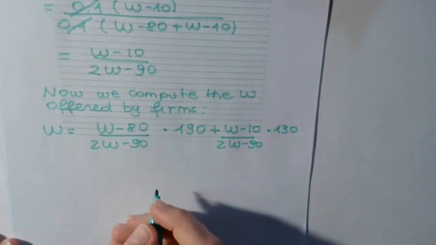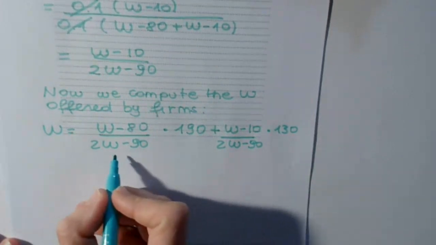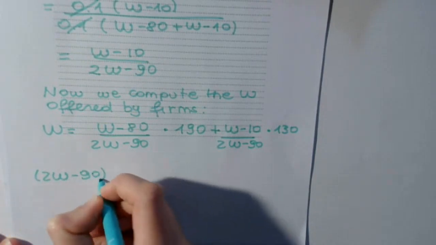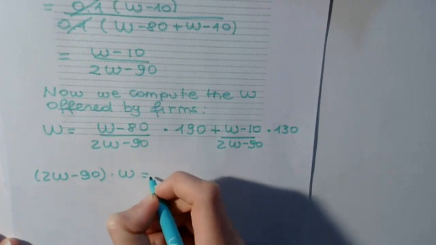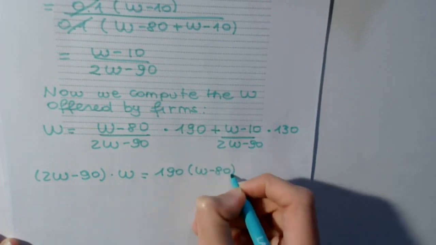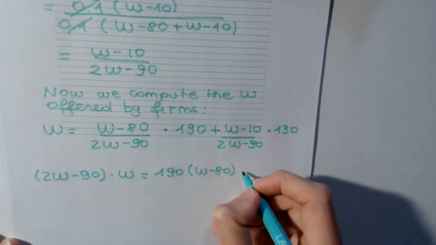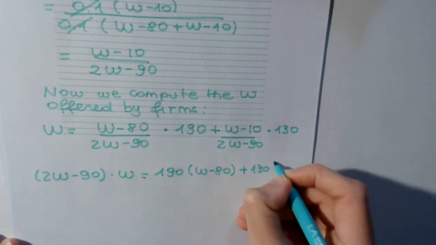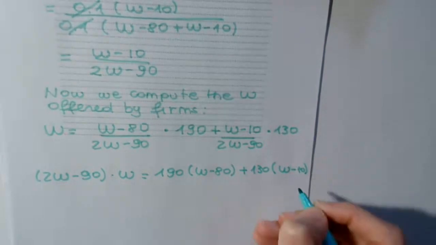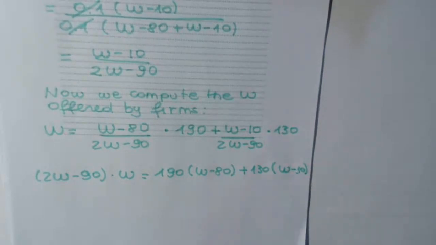So we multiply both sides by 2W minus 90, and so we get (2W minus 90) times W equals 190 times (W minus 80) plus 130 times (W minus 10). Okay?